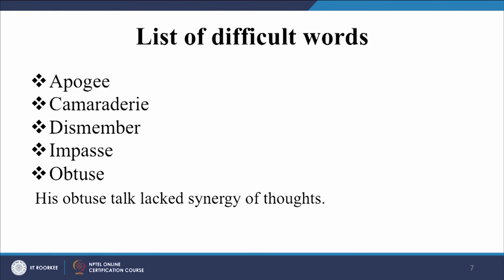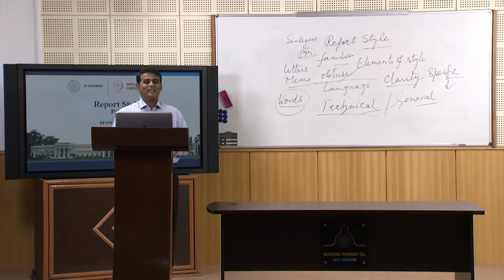Let us say dull, and for synergy we can say unity. If we simply say his dull talk lacked interest, lacked coherence, lacked coordination, lacked cooperation. Friends, one word may have different meanings, but go for those words which are specific.